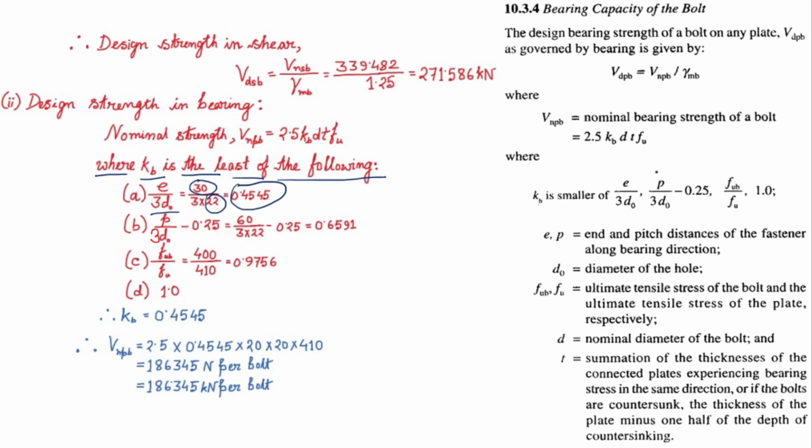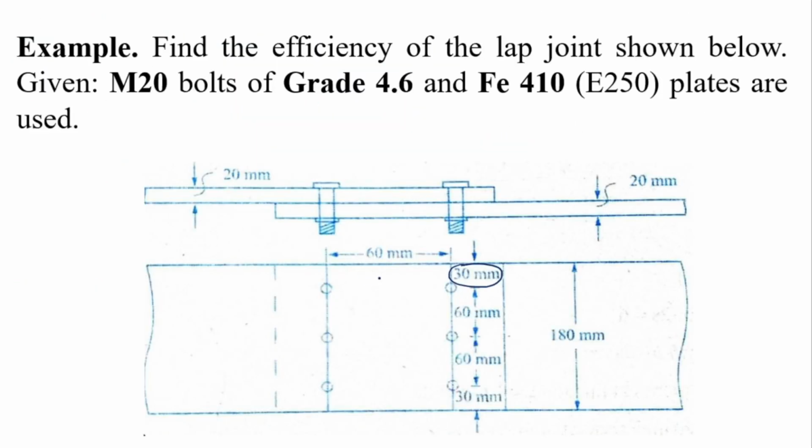And then p by 3d0 minus 0.25. What is p? d0 we know, this is the diameter of the hole, and p is the pitch. In this question, if the force is applied in this direction, the pitch is this one, 60 mm, the distance between the two holes in the direction of the force applied.